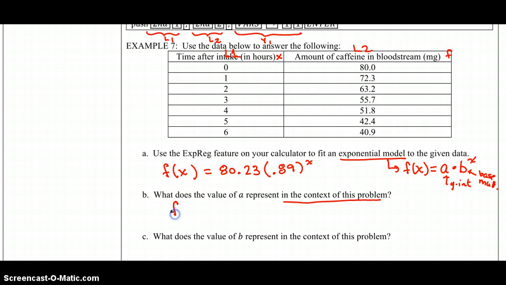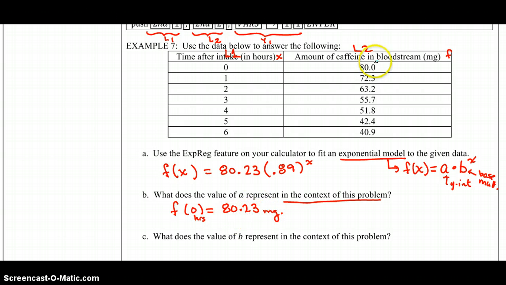So again, remember, if we plug in 0 for x, we're going to get 80.23 times 0.89 to the 0 power, which is 1. So 80.23 times 1. So for an input of 0, the output here is in milligrams.